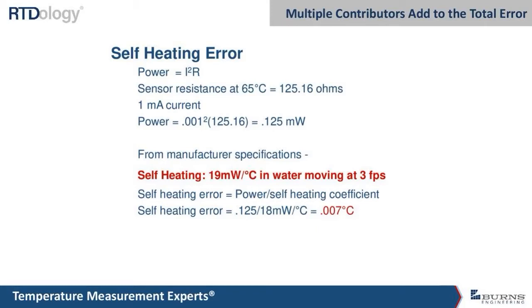In this example, it's 0.007 degrees C, so it's almost not worth plugging into the equation. To calculate this, you'd have to look at what device it's being connected to and see what the specs are for the excitation current. And then you could run through this calculation.